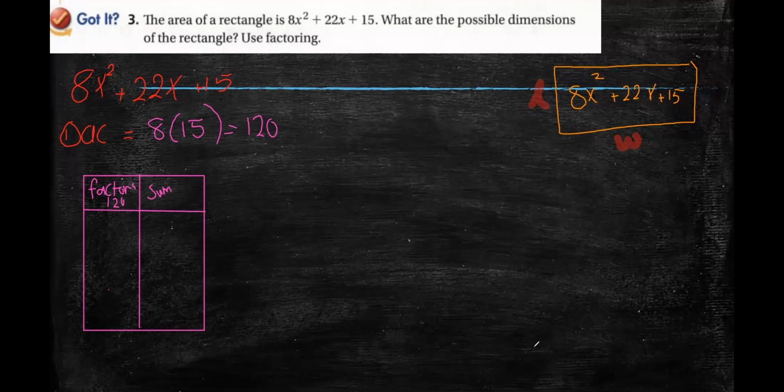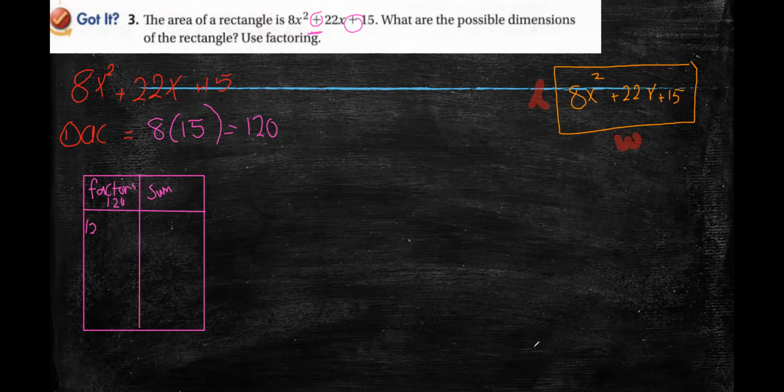Since the sign of AC is positive and the sign of B is positive, they have the same sign, which is positive. So I want to write all the positive factors.